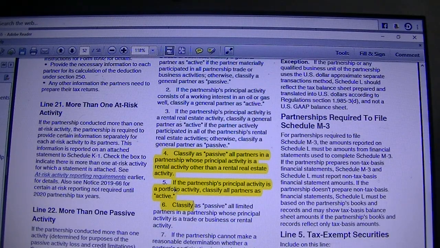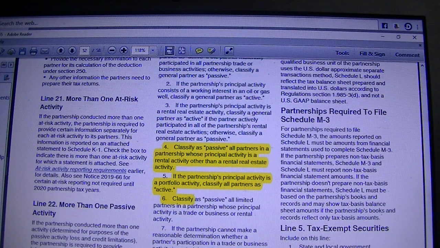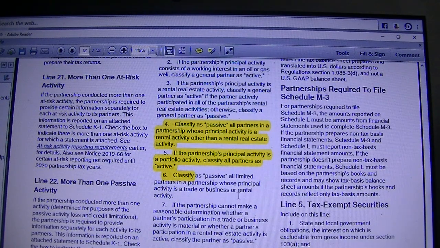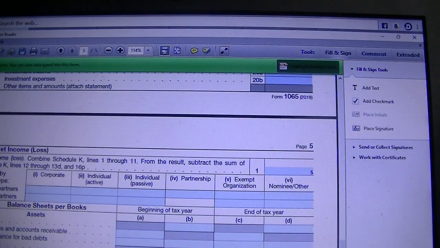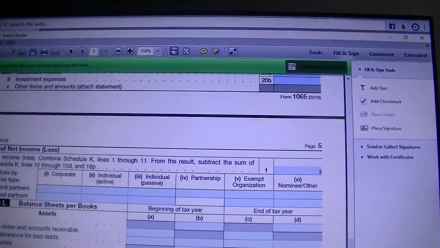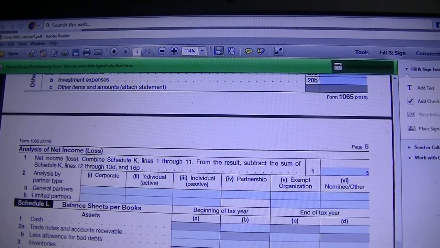But then they say here to classify as passive all limited partners in a partnership whose principal activity is a trade or business or rental activity. So in our case, where we are making soap and we want the soap business to be an LLC, we'll choose passive. Let's go back there. Report all amounts for LLC members on the line for limited partner.